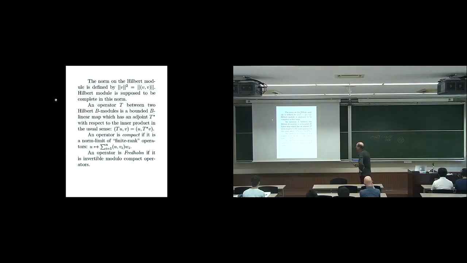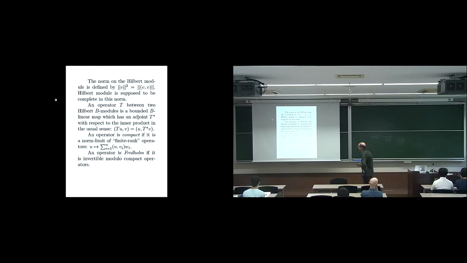Now you can define operators between two Hilbert modules. These are operators which have an adjoint with respect to the inner product in this sense, and the operator should be bounded. Well, essentially, one can prove boundedness under some conditions.